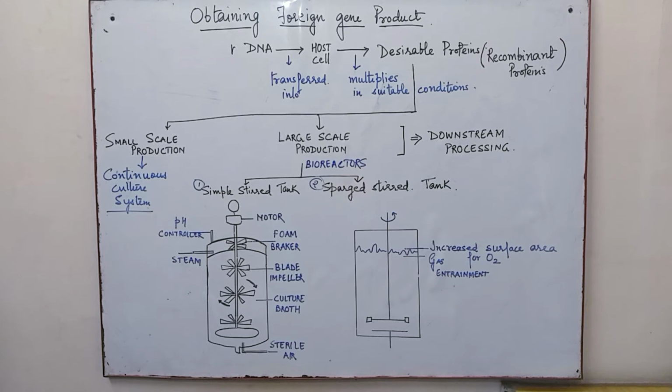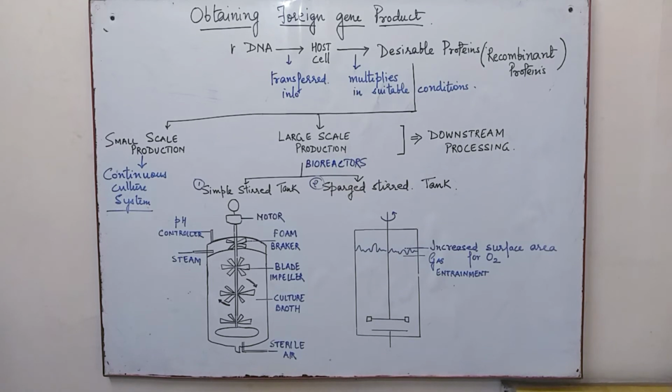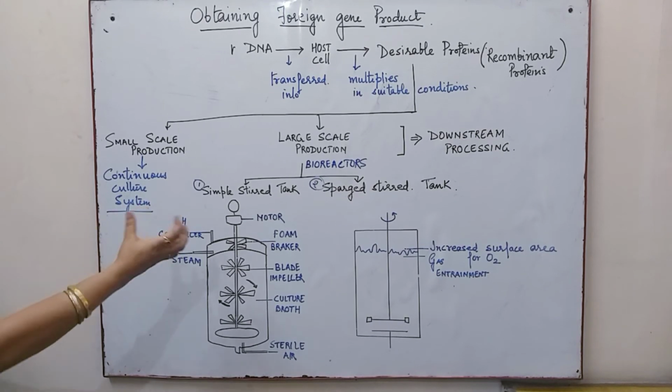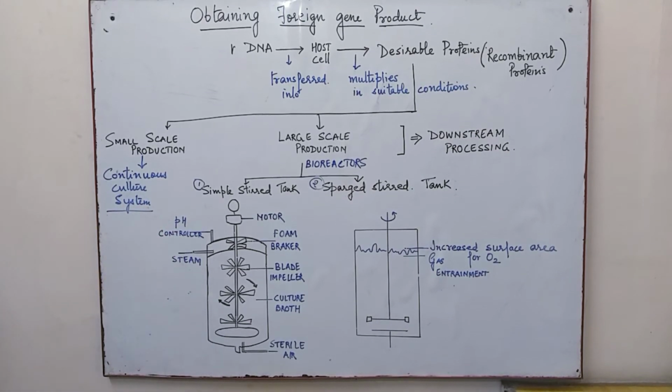Now before we start with the simple stirred tank, you have to understand that both types of bioreactors have their own disadvantages and advantages, and depending upon what kind of product we need, we can utilize the suitable method.